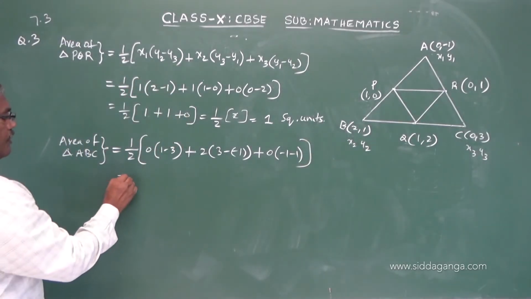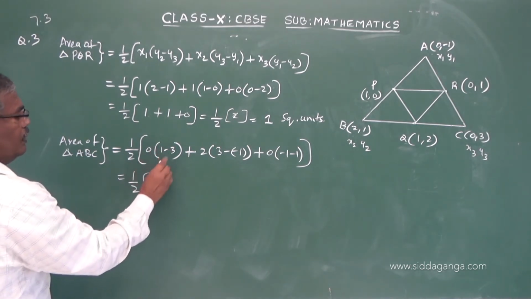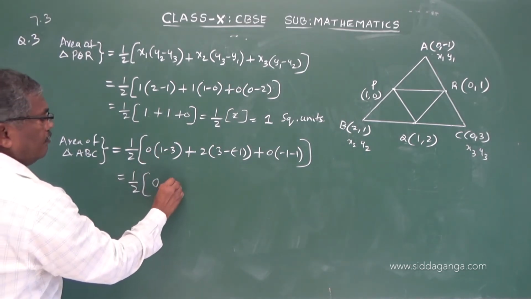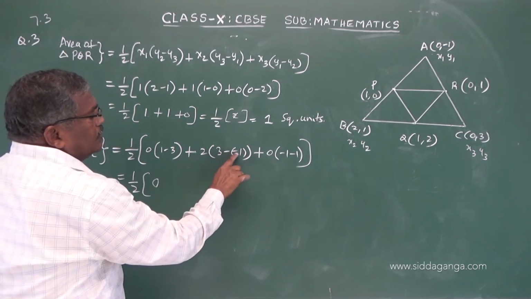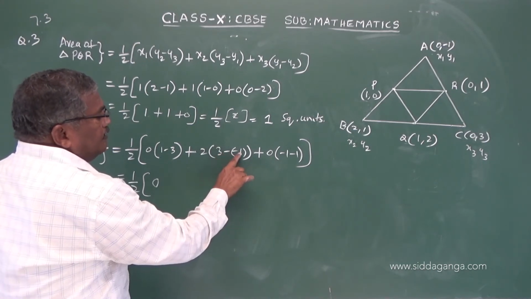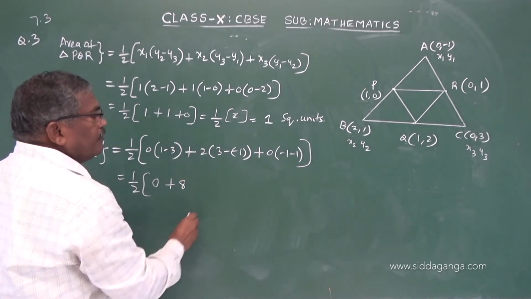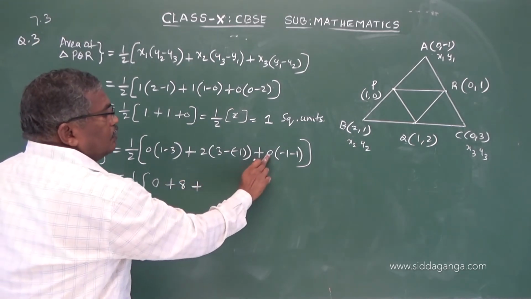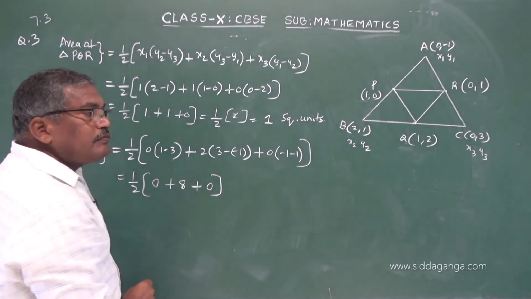So if you carefully simplify this, you will get 0 into anything, it is 0. Here 2 minus of minus 1 is 2, 3 minus of minus 1, 3 plus 1 is 4, 4 into 2 you will get 8, plus 0 into minus 2, this is 0.